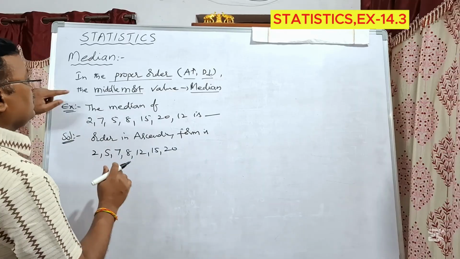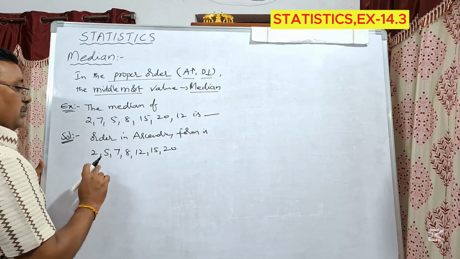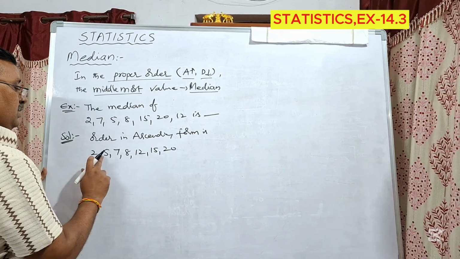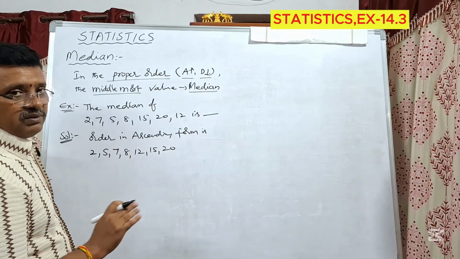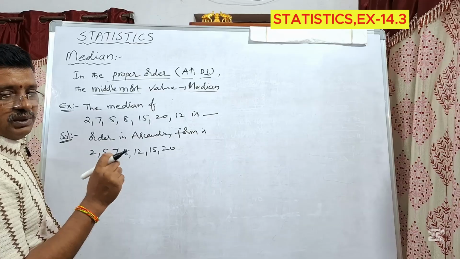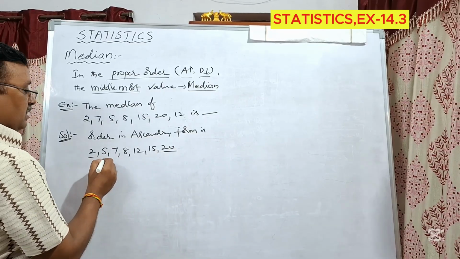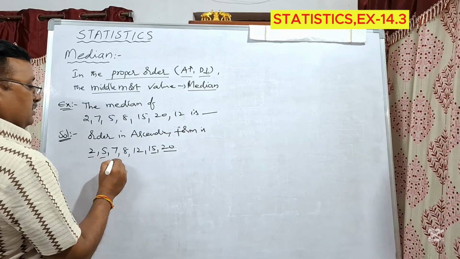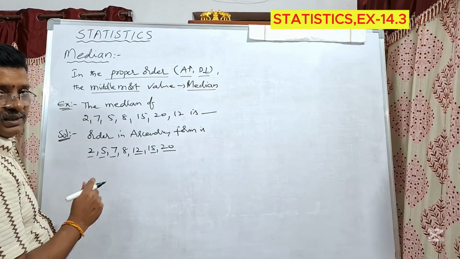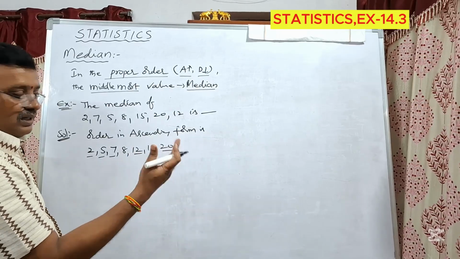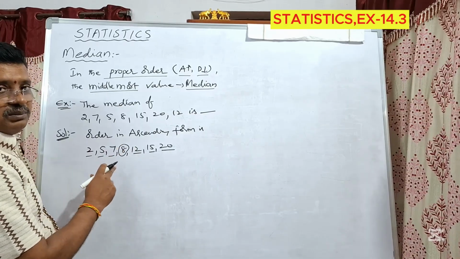In this we need to trace out the middlemost value. How many observations are there here? 1, 2, 3, 4, 5, 6, 7. 7 observations. So how to choose the middlemost value? Left side 1, right side 1, left side 2, right side second observation, left side 3, right side third observation are eliminated. Then who is remaining here? 8. Understood? This is the middlemost value.